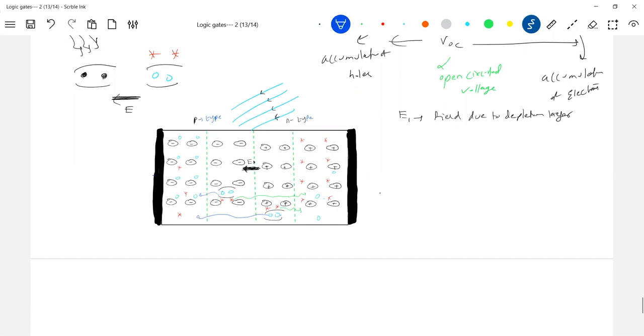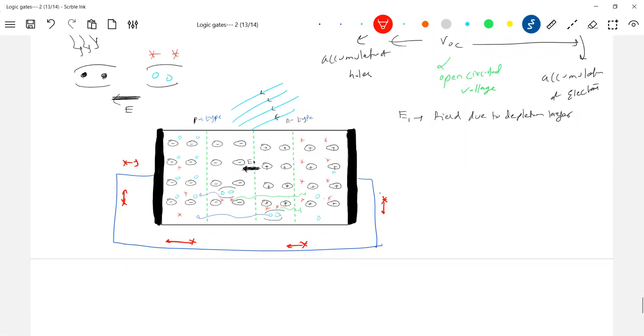We are going to connect a wire like this, where the electron will flow. Therefore, this electron will flow like this. Opposite to the flow of electron is the short circuit current.